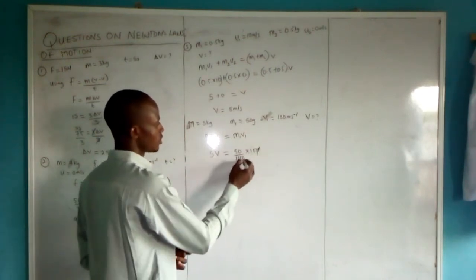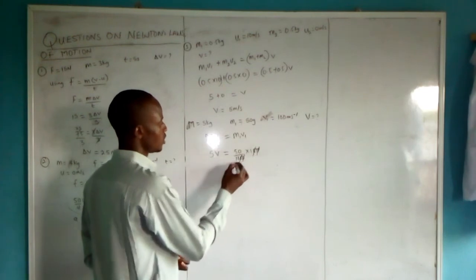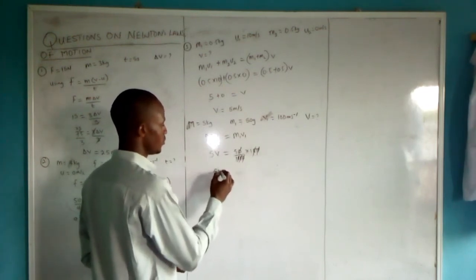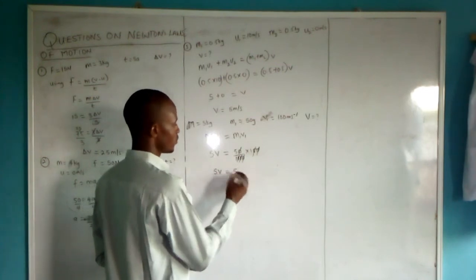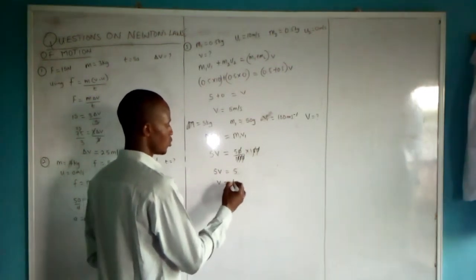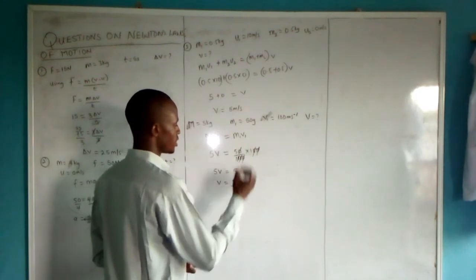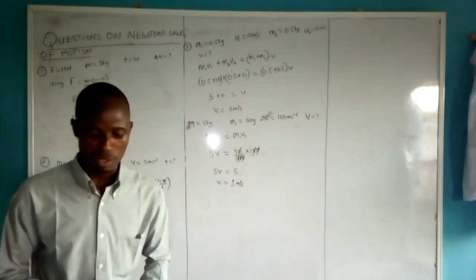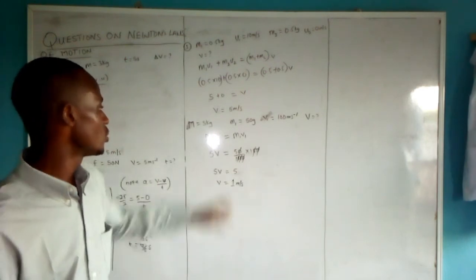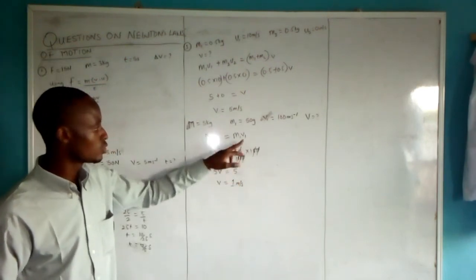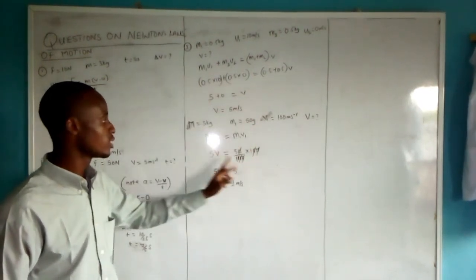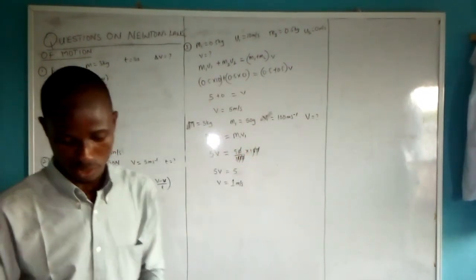So I can cancel out, and we have 5v equals 5. So v is equal to 1 meter per second. The recoil velocity is just 1 meter per second. The 50 is divided by 1000 because it's in grams, to convert to kilograms.